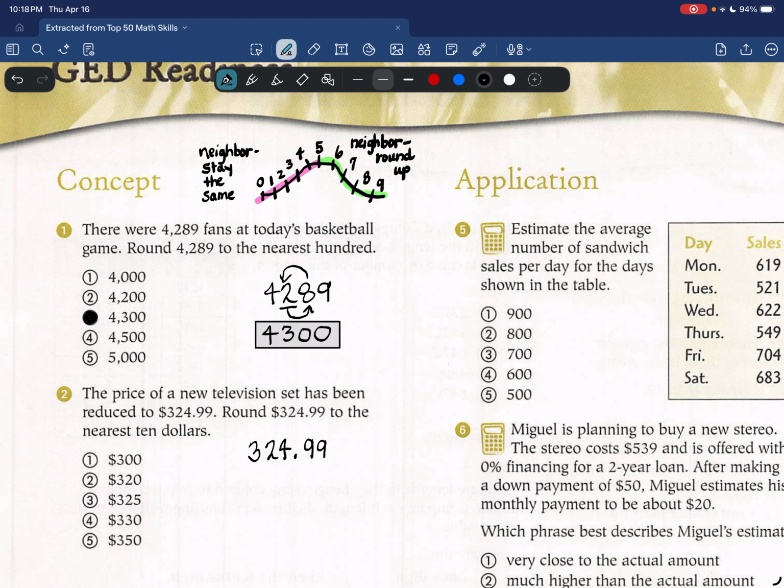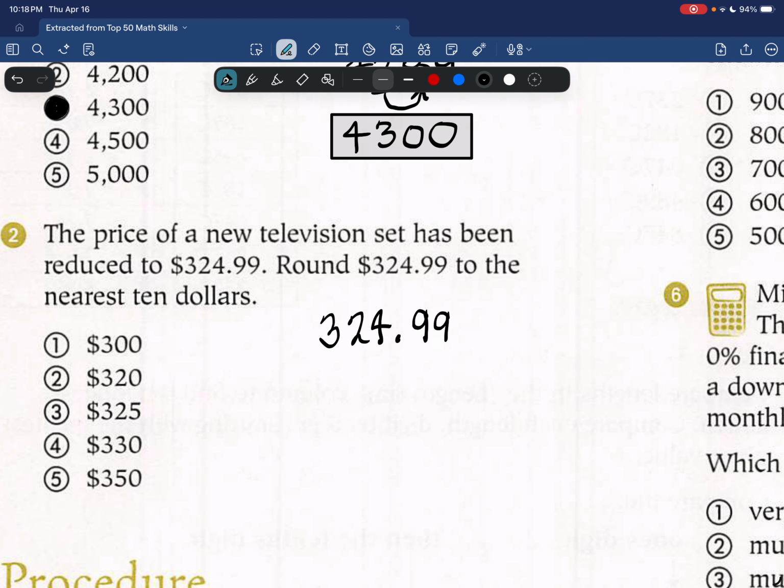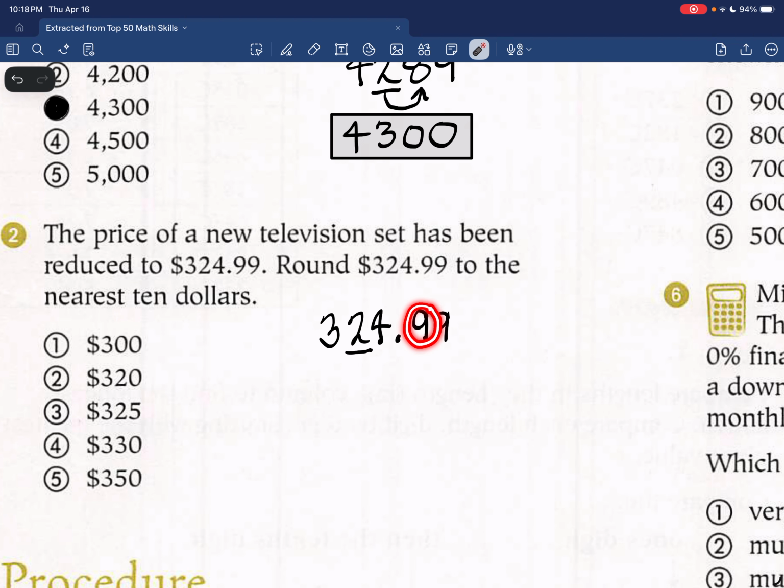We want to round to the tens place. Now be careful. There is a difference between 10, that's this place, and 10th, that is this place.